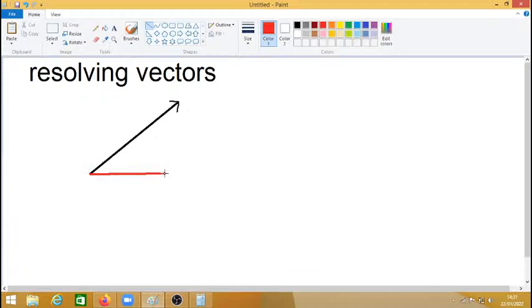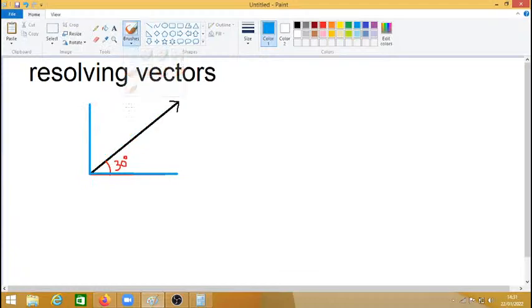If you imagine there's a vector or a force, and it's not straight up, it's not straight down, but it's at an angle, then we can split that force or vector into a horizontal part and a vertical part. That's called a component. So there's the force, there's the vector. The horizontal component would be up to about here, and then the vertical component would be about this much.